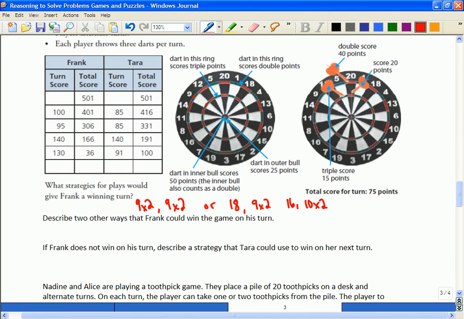So if he didn't win and it was Tara's turn, how could she win if she still has 100 points left? Can she win on her next turn if she has 100 points left? So what's one way she could win?